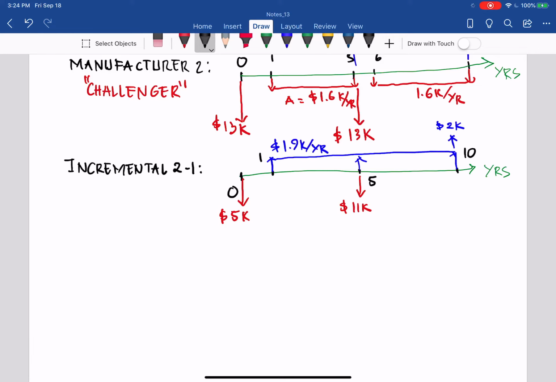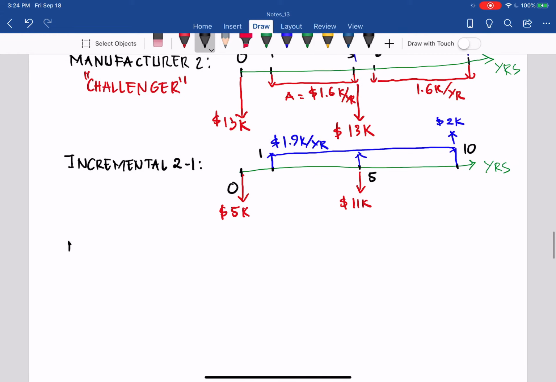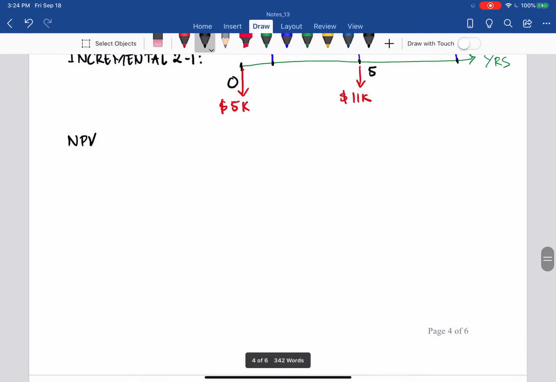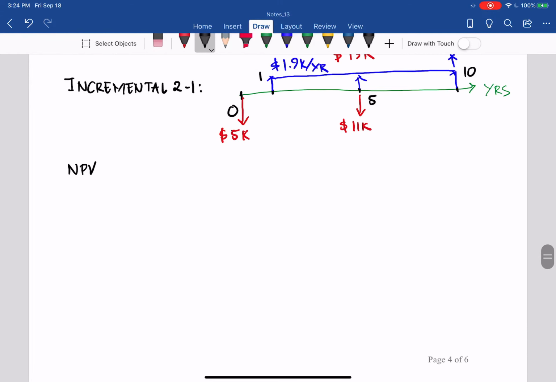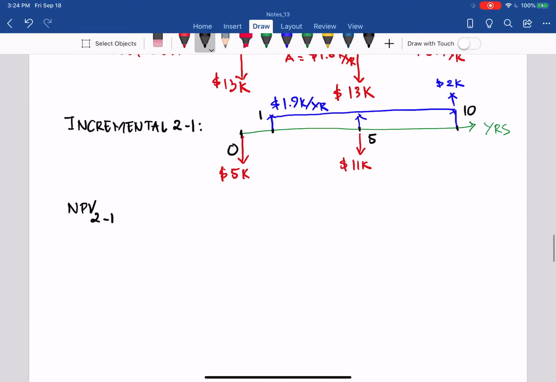So with that, we can find the NPV for the incremental cash flow, 2 minus 1, at I star, and that is equal to negative 5,000.